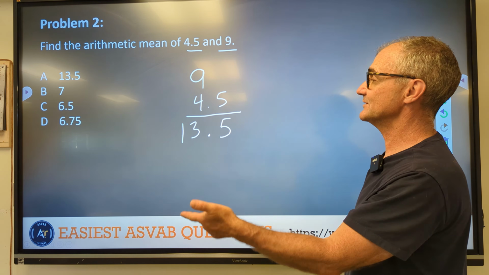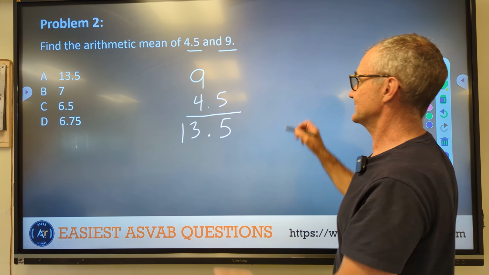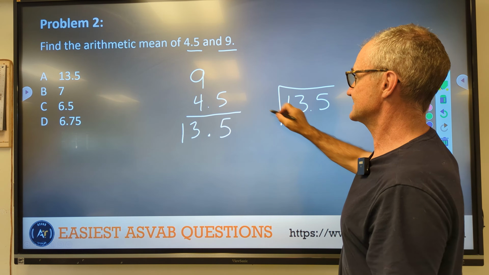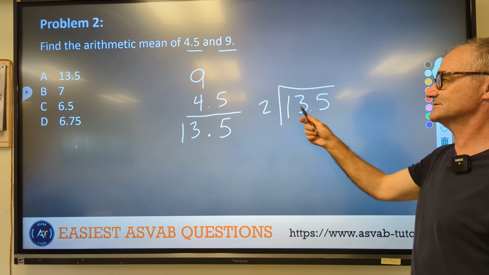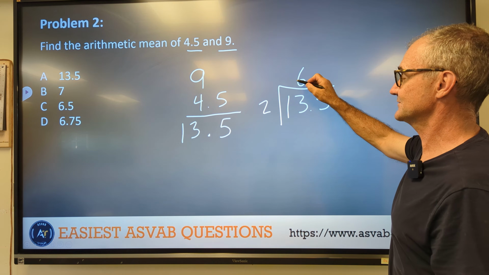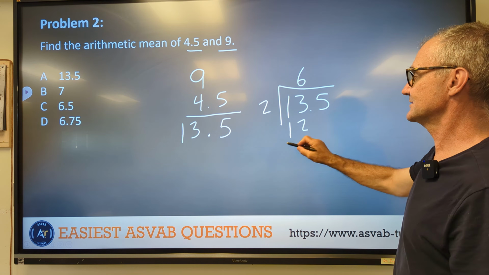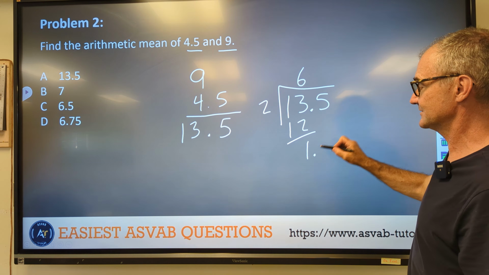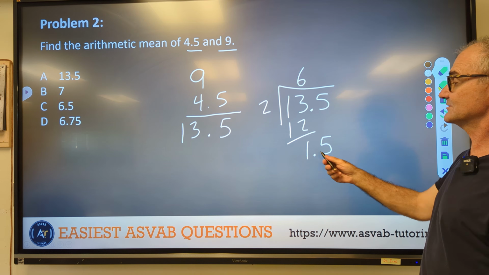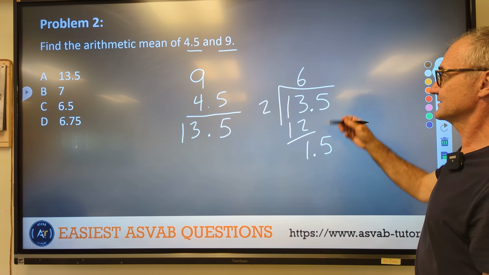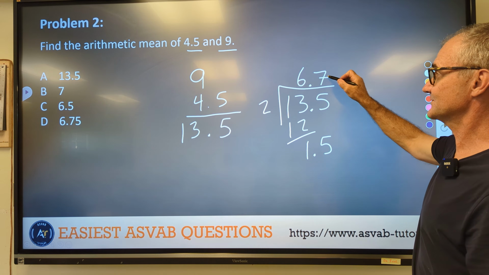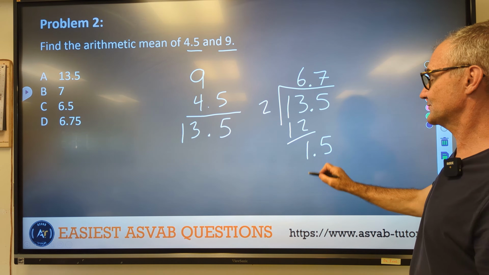I have 2 values. So I take that 13.5 and I divide it by 2. 2 goes into 13 6 times. 2 times 6 is 12. 13 minus 12 is 1. That decimal point comes straight down. 2 goes into 15 7 times. 2 times 7 is 14.